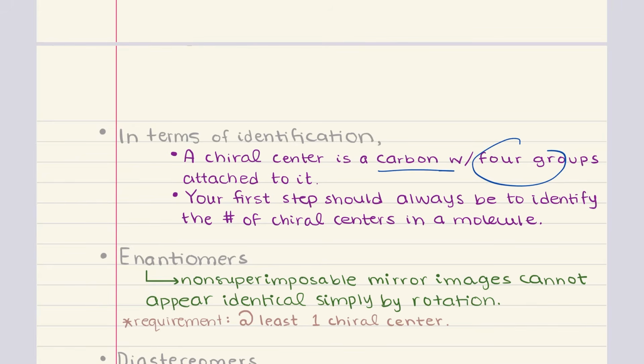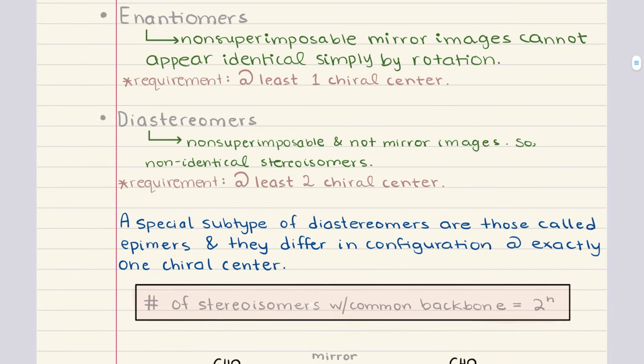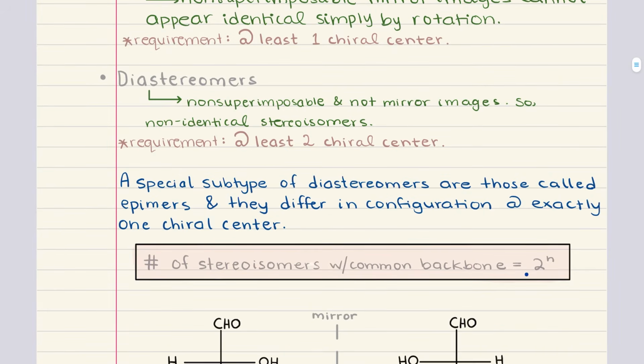These sugars that we've been looking at, they have chiral carbons. And again, that tells us how many different isomeric forms of this sugar can exist. Now, your first step when you're analyzing a sugar should always be to count the number of chiral centers. That's going to help you figure out how many stereoisomers are possible. The general rule is that the number of possible stereoisomers is 2 to the power of n, where n is the number of chiral centers.